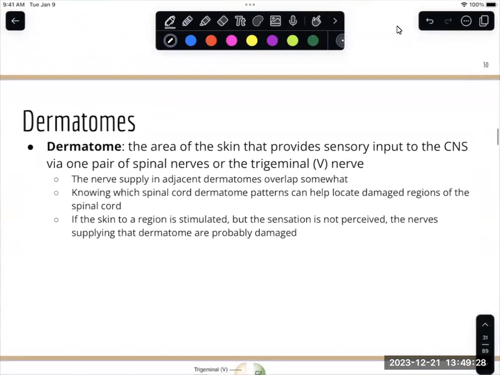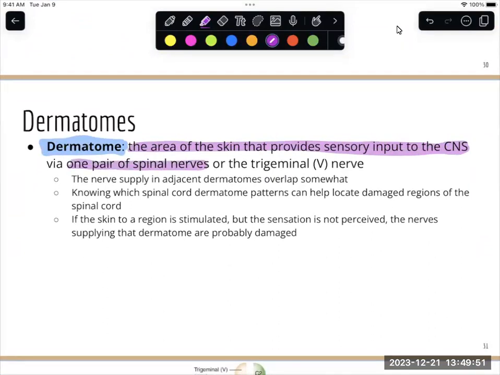And how those work, and they wrap around, they form what are known as dermatomes. A dermatome is actually the area of skin that provides sensory information for one pair of spinal nerves. So like where the T10 nerve provides sensory, that's by the umbilicus, wrapping around to the umbilicus.